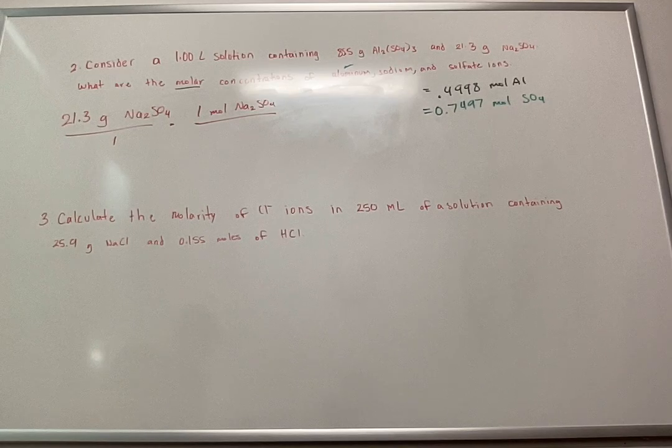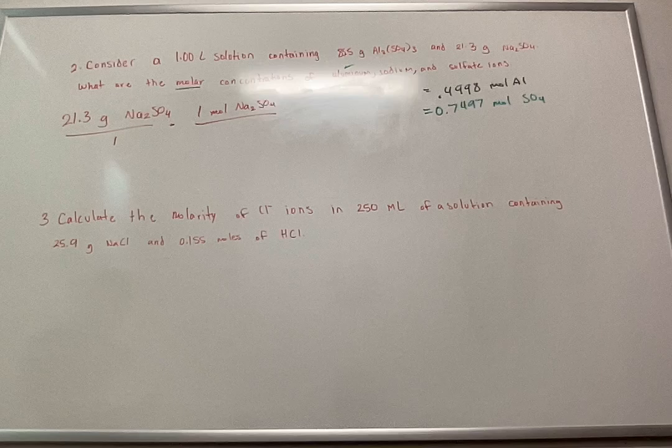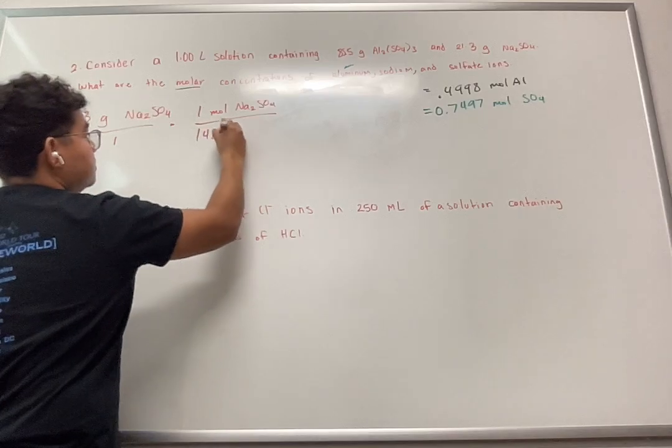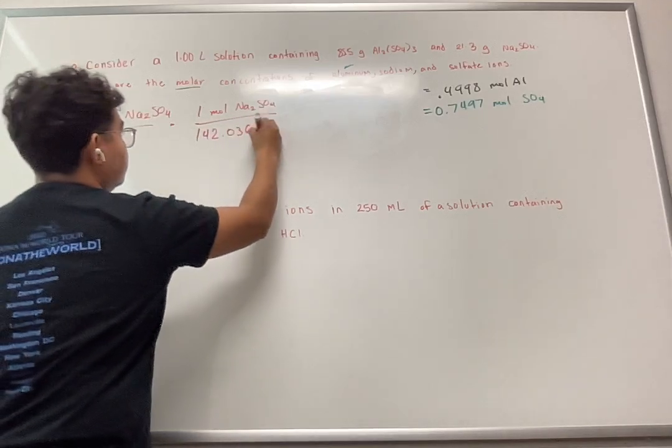Oxygen weighs 15.999 or just 16. And you got to multiply 16 times 4. Add all those numbers up, and you get 142.036. Hopefully that's right.